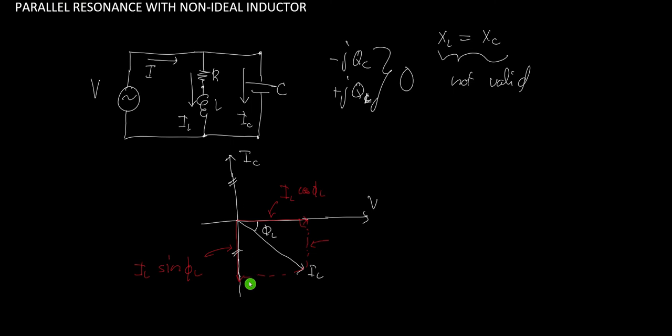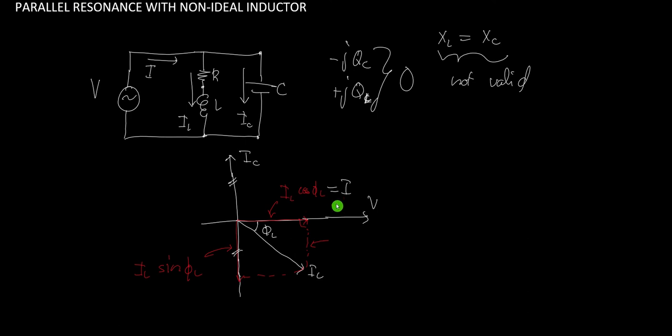The Y component of IL, we equate with the actual value of IC. If we do that, the only remaining component is this one here, which is in phase with the voltage. If we add these two, we cancel these two, and the only remaining current will be this current here. And that is what we want, in phase with the voltage. So this will be our total current I.